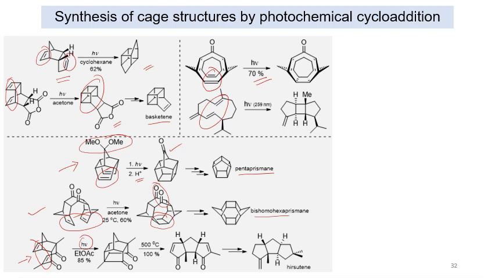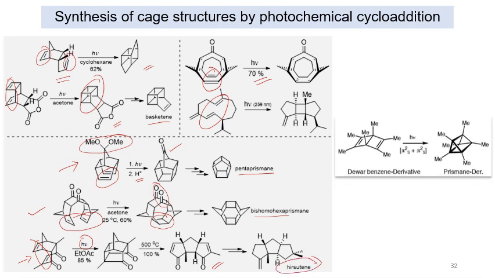At very high temperature, this now undergoes a rearrangement reaction to give you this tricyclic fused system, which can be converted in a variety of steps into hirsutene. This is the hexamethyl Dewar benzene. This can be converted into this prismane derivative using photolytic conditions in a 2pi 2pi supra interaction.